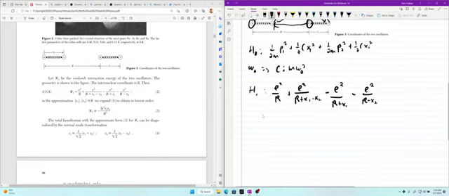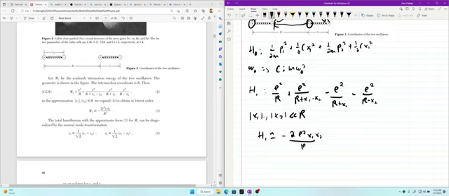And then in the approximation that x1, x2 is much, much less than r, we can expand to obtain, in lowest order, H1 is basically minus 2e squared x1 x2 over r cubed.